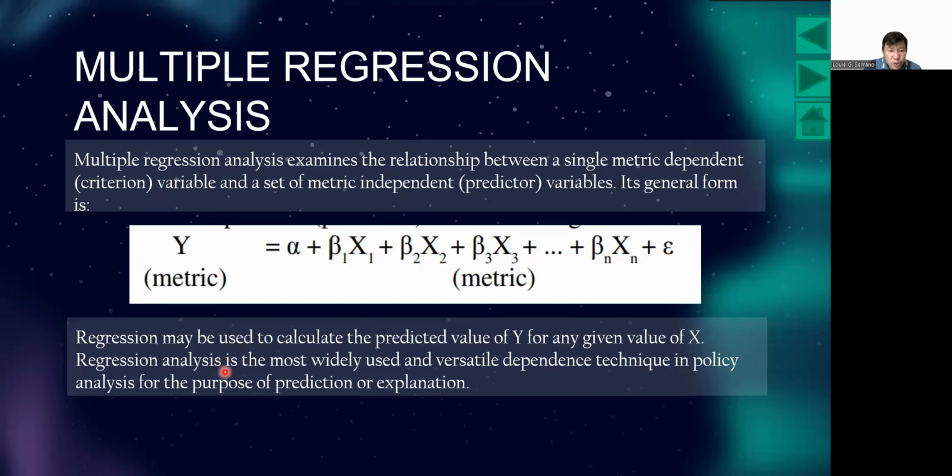Regression may be used to calculate the predictive value of Y for any given value of X. Regression analysis is the most widely used and versatile dependence technique in policy analysis for the purpose of prediction or explanation.